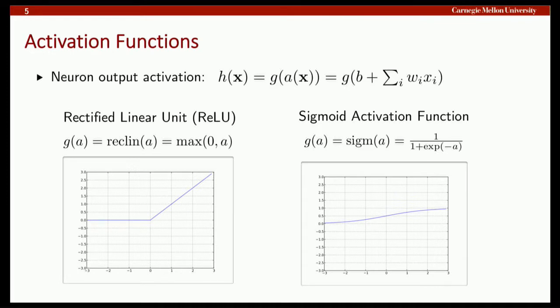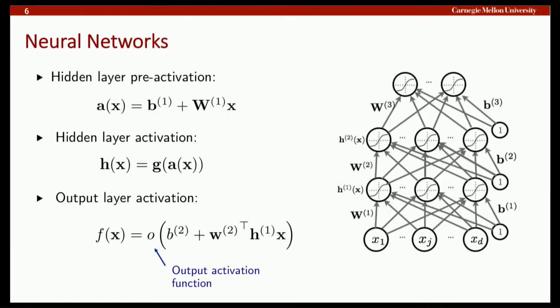Now, if I think about neural networks, what are they? Well, it's basically a stacking of these neurons together. So here's an example where we have a hidden layer pre-activation. Again, we can take the linear combination of our inputs, add the bias term, pass it through a nonlinearity, and we can repeat this process multiple times.